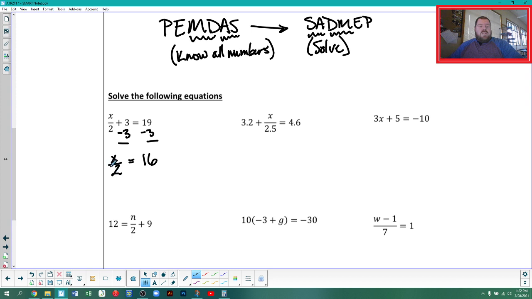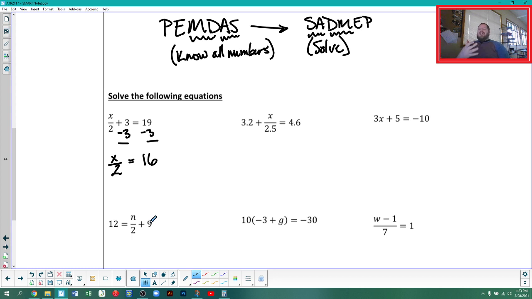Now I'm going to deal with this division. x is being divided by 2. I want to undo that using multiplication. Right now it's a problem that I saw yesterday. Solving equations is all about making the problem one step easier and seeing if it's something that you did a day before or even a problem before, right?